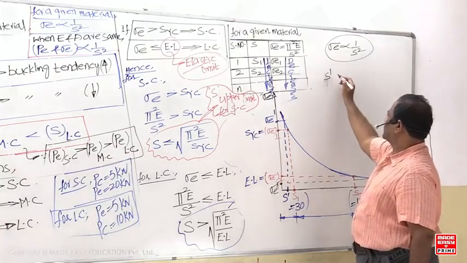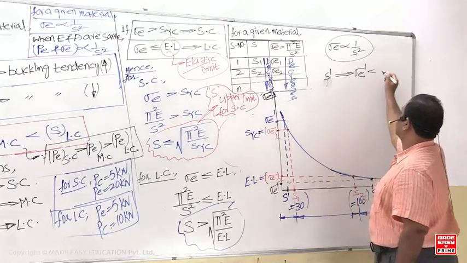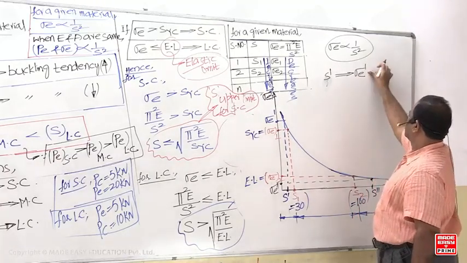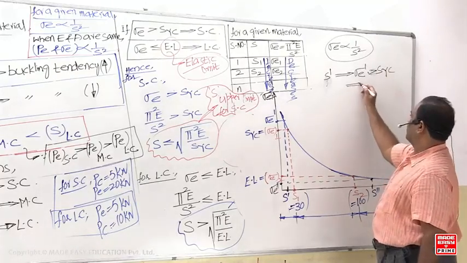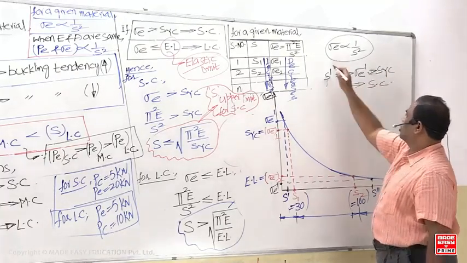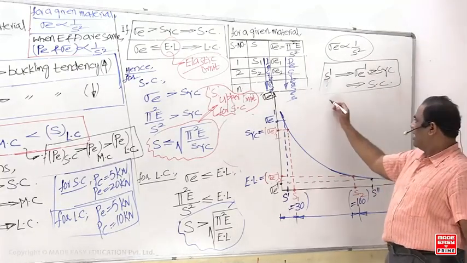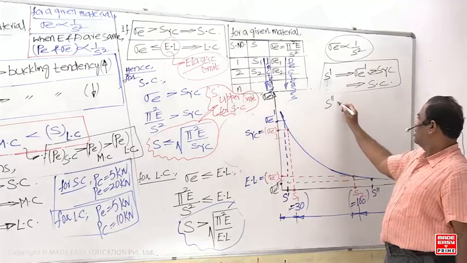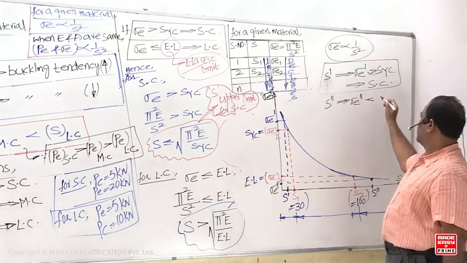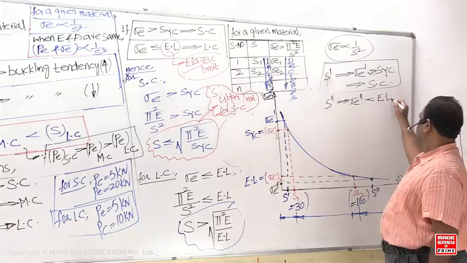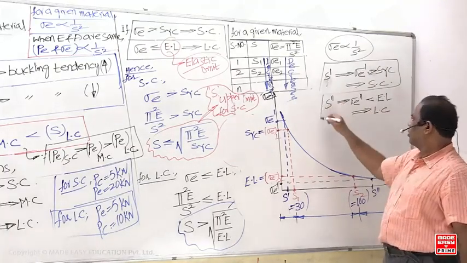Corresponding to S dash, I'm getting a buckling stress of sigma E dash, which is greater than SYC. This represents a short column, because short columns fail by crushing due to yielding. And for S double dash, sigma E double dash is less than the elastic limit, which means it is a long column.